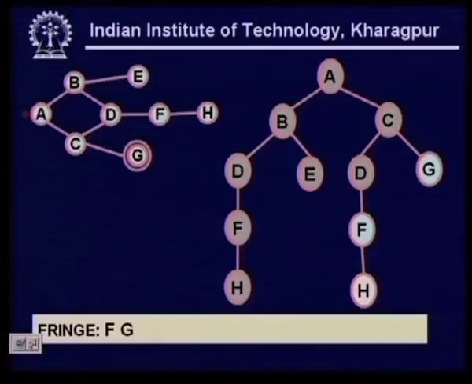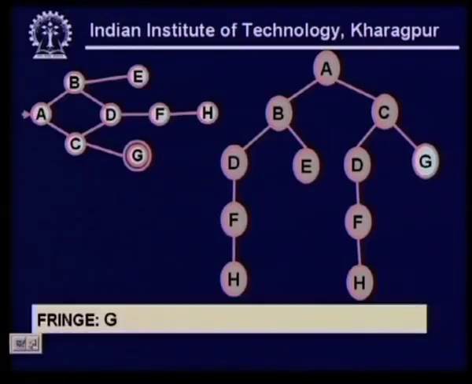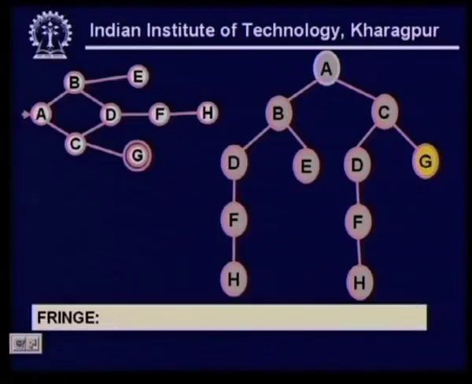Then D is removed from the front, its successor F is added, F is removed, H is added, H is removed, G is removed, and we have found a goal state. By depth first search, this is the order in which the nodes are expanded: A, B, D, F, H, E, C, D, F, H and G.